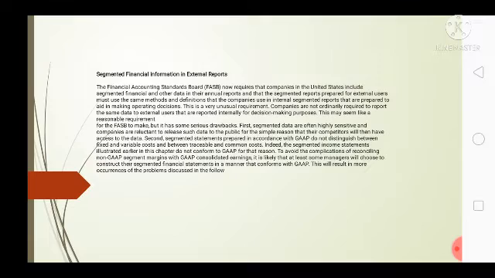Indeed, the segment income statements illustrated earlier in the chapter do not conform to GAAP, in order to avoid the complications of reconciling non-GAAP segment margin with GAAP consolidated earnings. It is likely that managers will choose to construct their segment financial statements in a manner that conforms with GAAP, which will result in more occurrences of the problems discussed in the following.